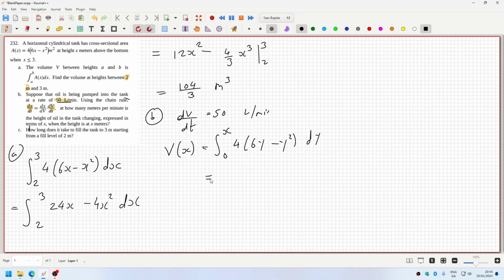So that would equal 12x squared minus 4 over 3x cubed. So that's the volume.